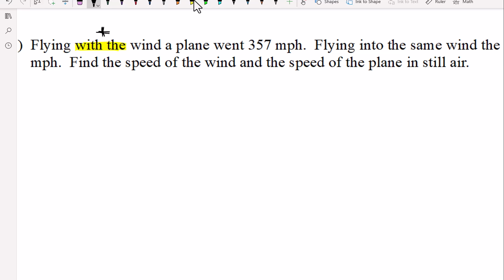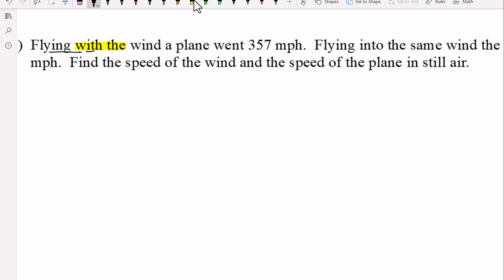So we've got the wind speed plus the plane speed. This is the rate of the plane. This is the rate of the wind. You add those two together, and that's the rate.